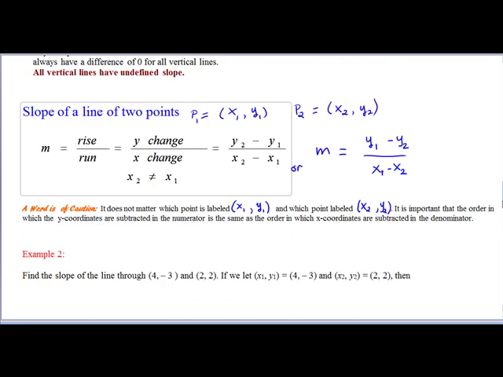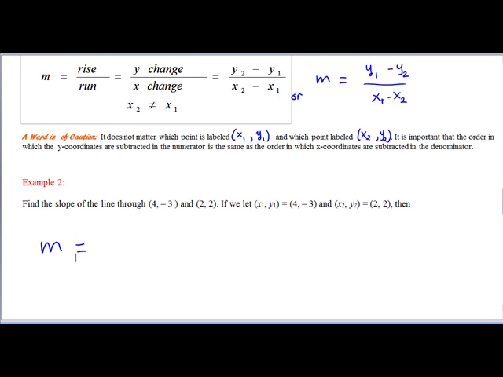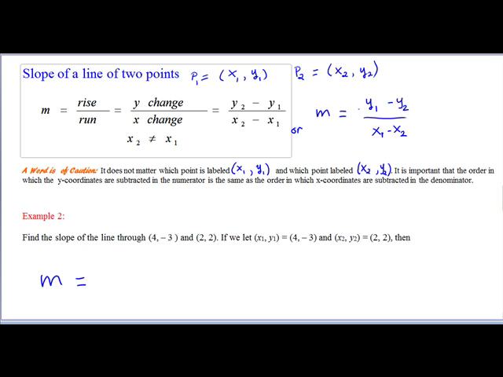So let's look at an example. I'm looking to find the slope of a line that passes through these points. I let x1, y1 equal 4 comma minus 3, and x2, y2 is 2 and 2. You can use either the first formula or the second one, and the answer is the same. Let me show you what I mean.